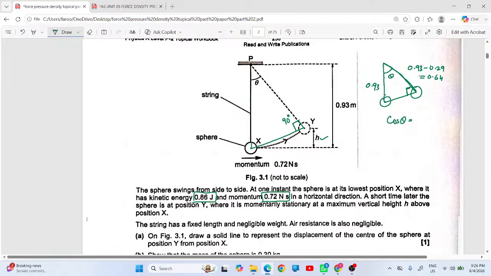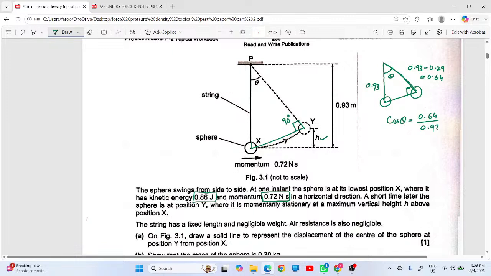Okay, and opposite to the 90 is the hypotenuse. Sorry, base. Base क्या होती है? Base is 0.64 over opposite to 90 is hypotenuse, na?